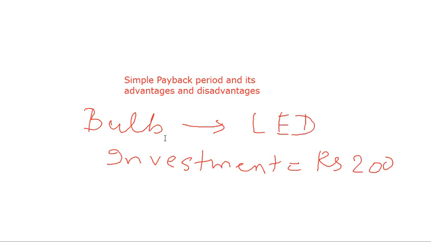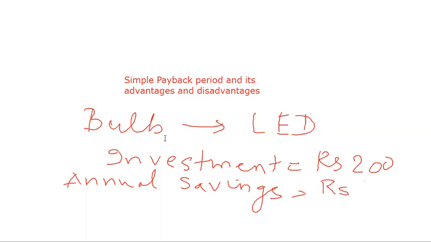Because you are replacing this bulb with an LED, you would be saving certain electricity. So you would have certain annual savings, and let us say, expressed in terms of money, that annual savings come to about 50 rupees.